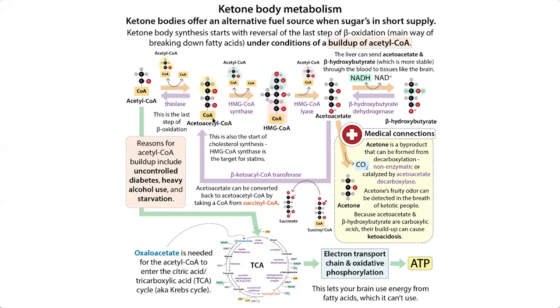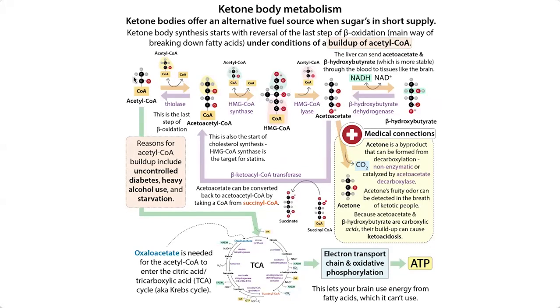That makes acetyl-CoA, which can convert to make acetoacetate, which can make acetone, this byproduct, or it can be reduced to form beta-hydroxybutyrate. So these are your ketone bodies that can travel through your bloodstream. Because they're carboxylic acids, they can acidify your bloodstream, causing ketoacidosis.